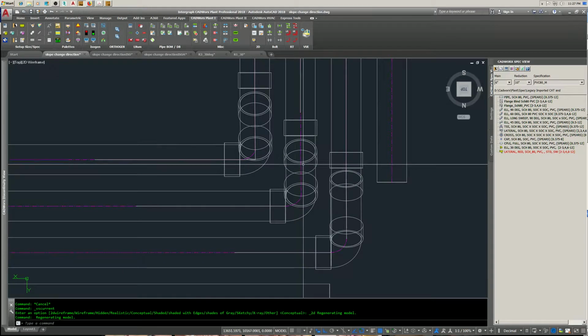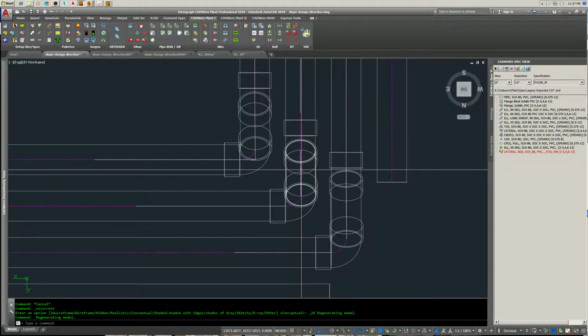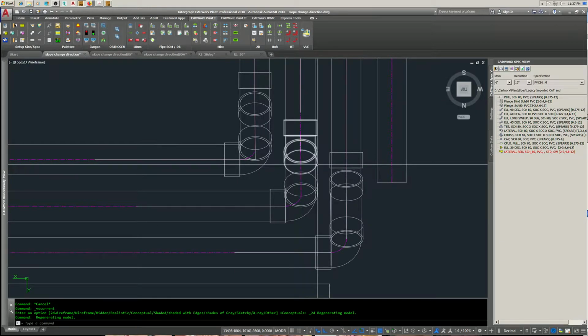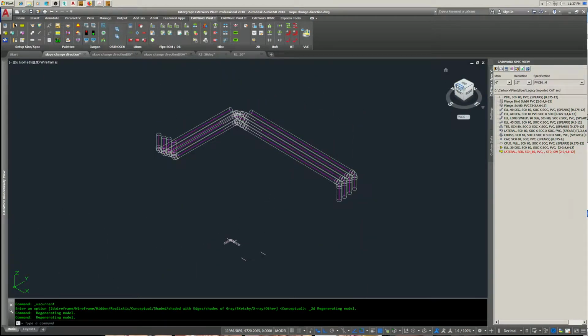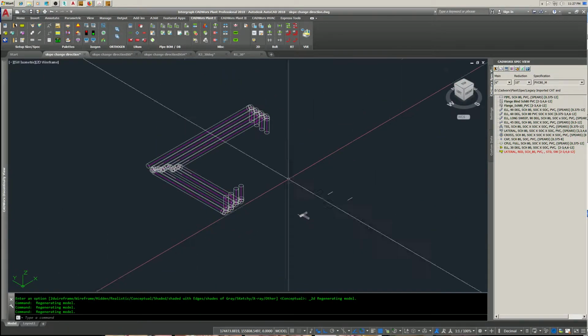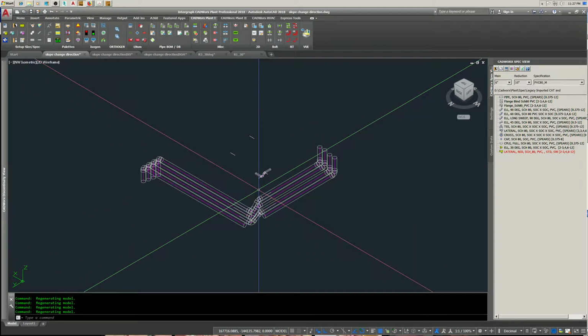That angle starts to change. You can see it's slightly off tilted in that view. It becomes very difficult rotating those angles or those fittings to get them to line up.